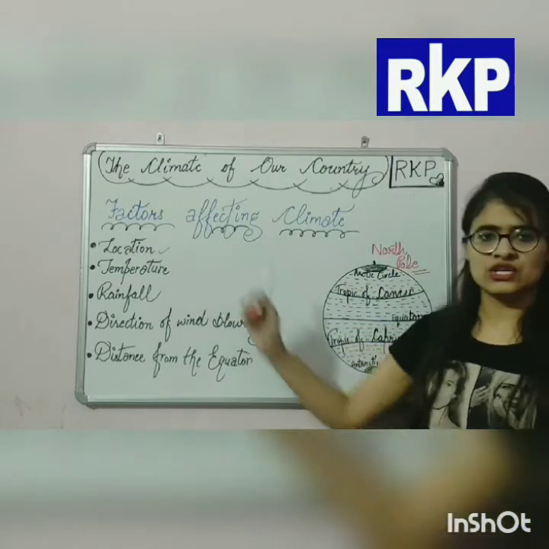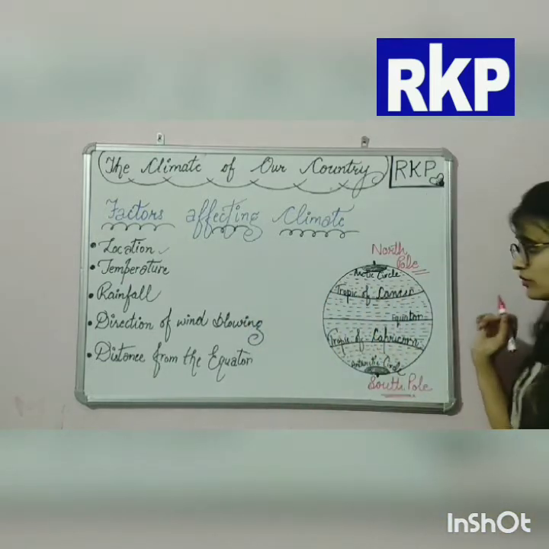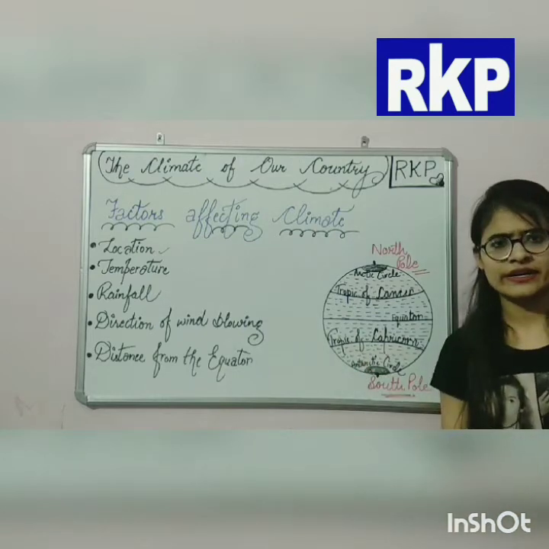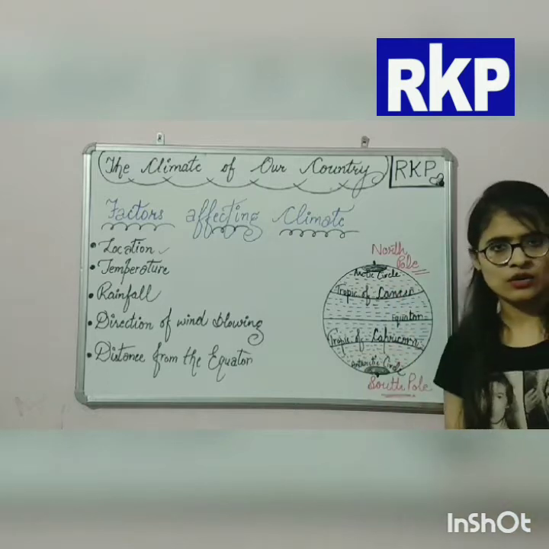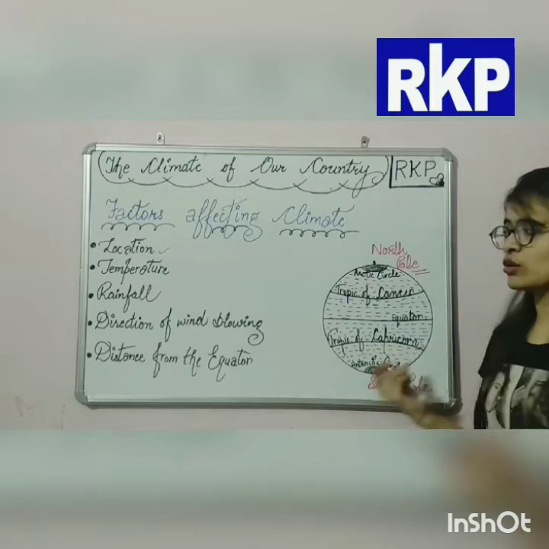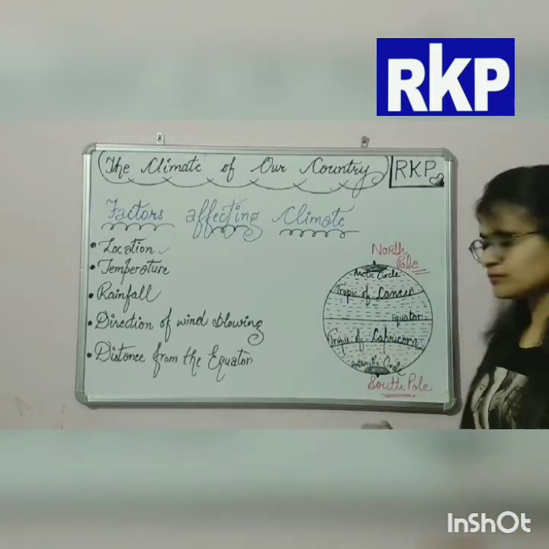So location. Here is a diagram I have drawn. This is our Earth. Our Earth is divided according to climate into some zones. There are some important latitudes about which we are going to learn, what type of climate is experienced here.